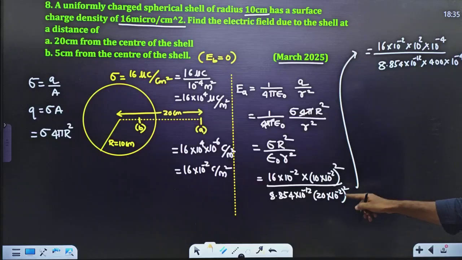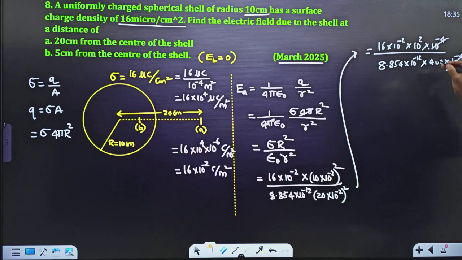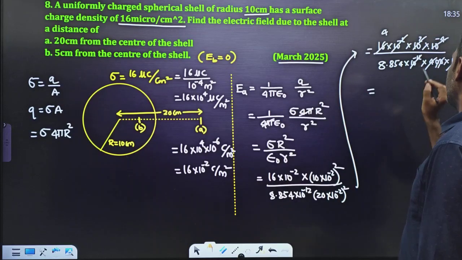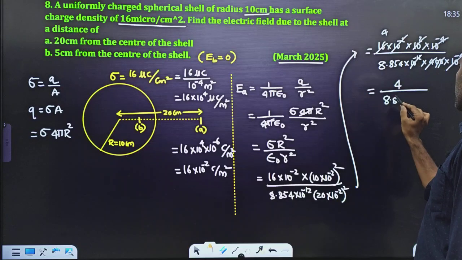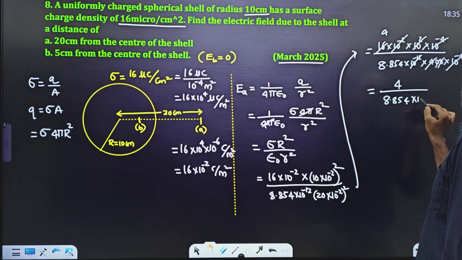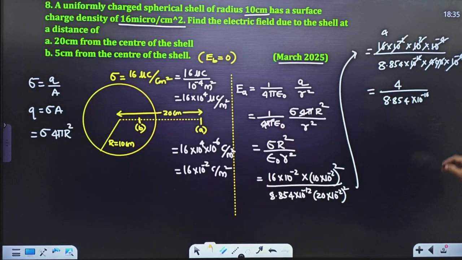The 10 to the power minus 4 will get cancelled. 10 to the power plus 2 and 10 to the power plus 2: double 0 under 10 to the power plus 2. So this is 4 1s are 4, 4 4s are 16. In the numerator 10 to the power minus 2, in the denominator minus 12, so you can cancel minus 2 from both. So 10 to the power minus 10 remains. In the numerator we got 4, divided by 8.854 into 10 to the power minus 10.